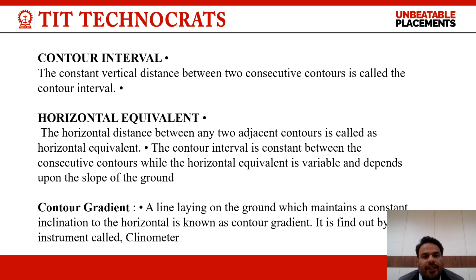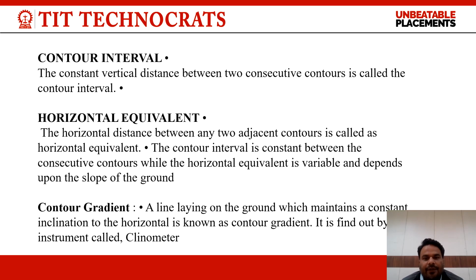Next definition is contour interval. The constant vertical distance between two successive contours is called contour interval. Horizontal equivalent: the horizontal distance between any two adjacent contours is called the horizontal equivalent.